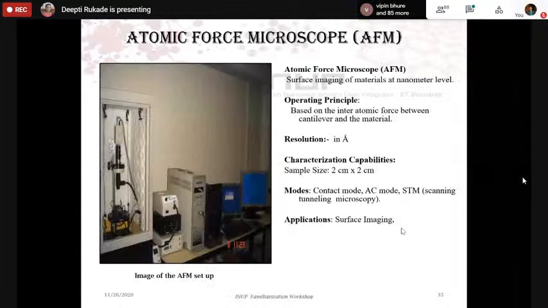So we have an AFM facility in-house. AFM is normally used for surface imaging to see the topography of any film. It works in contact mode, non-contact mode, and tapping mode. The sample size we need would be a maximum of 2 centimeter by 2 centimeter, and it gives a very good resolution in the angstrom range.